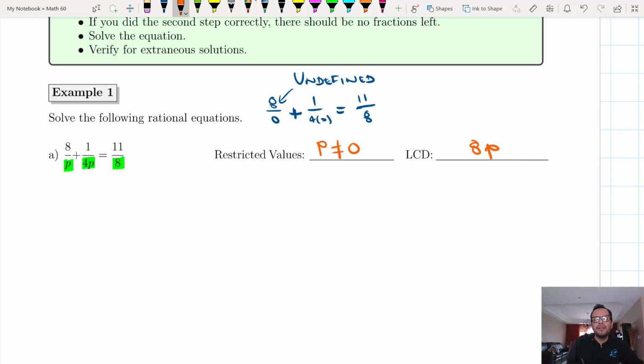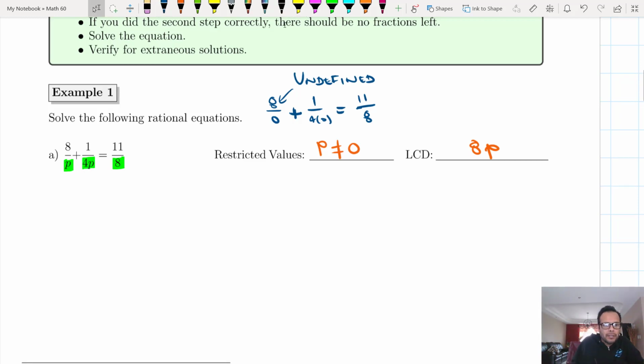Back then, we were multiplying by missing factors in order to obtain the same denominators. What are we going to do here? How are we going to use the least common denominator? Well, we're going to do the following.